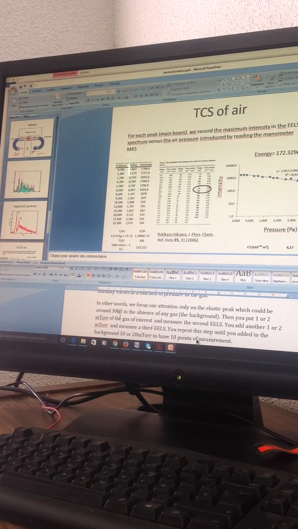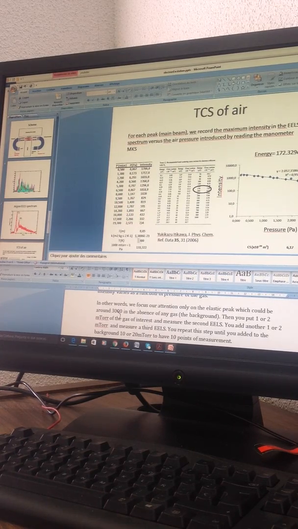So here, for each peak, we record the maximum intensity versus the air pressure we introduce, reading the manometer, which is MKS brand. For the lowest pressure, we have the highest intensity, and for the highest pressure, we have the lowest intensity, because if the pressure of the gas is high, the beam is attenuated.